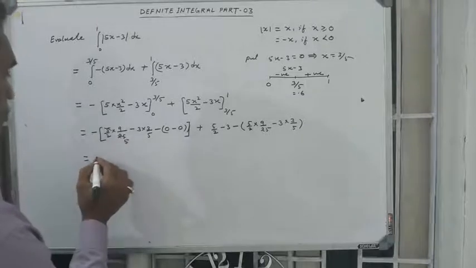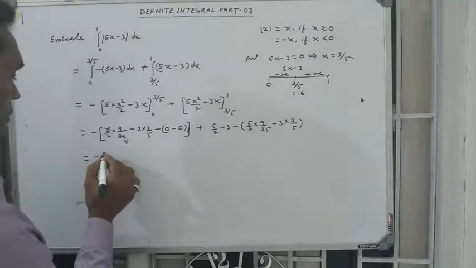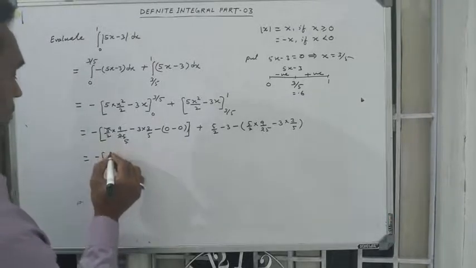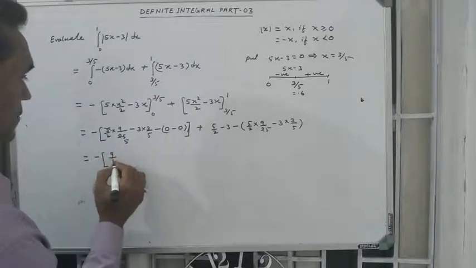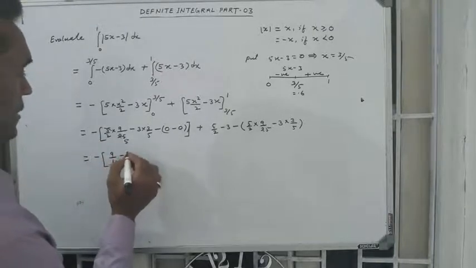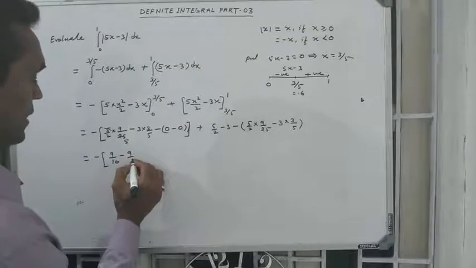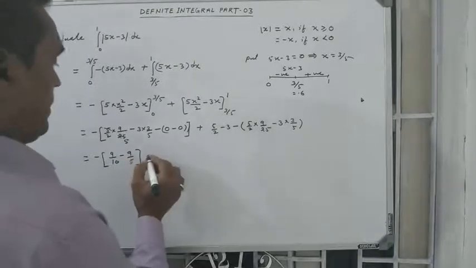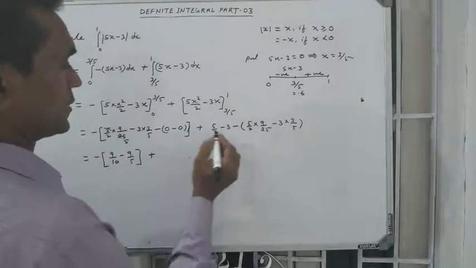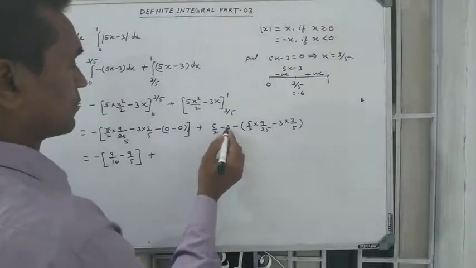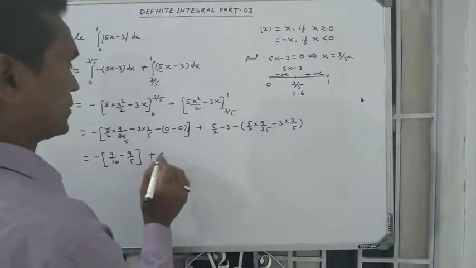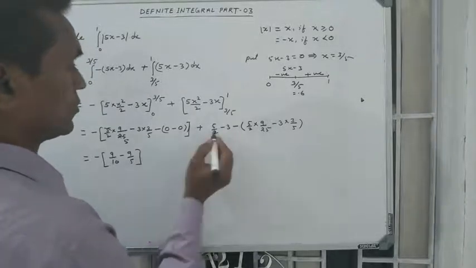So this is equal to 9 by 10 and minus 9 by 5, plus here this is minus 6, minus 1 by 2.